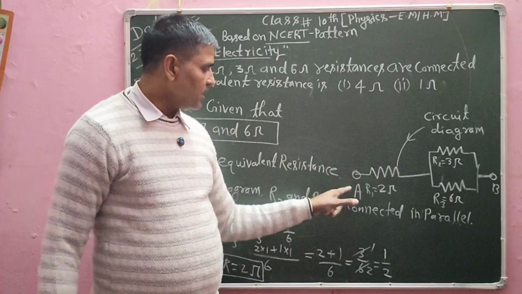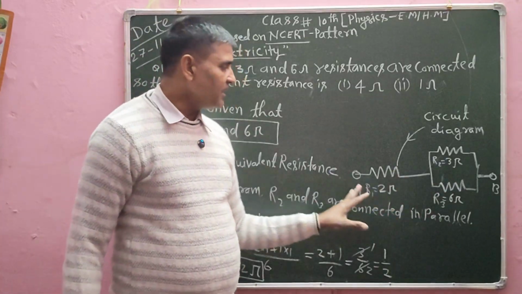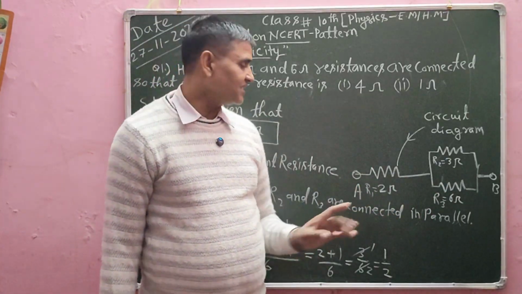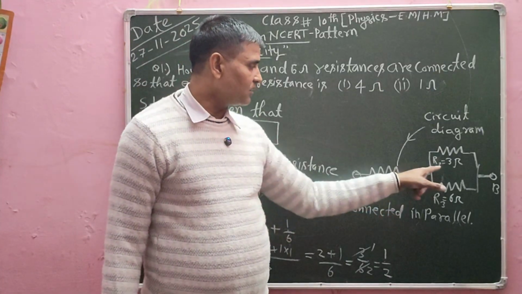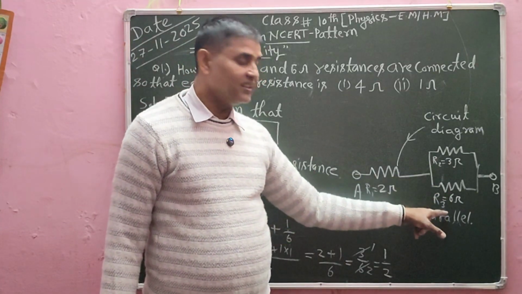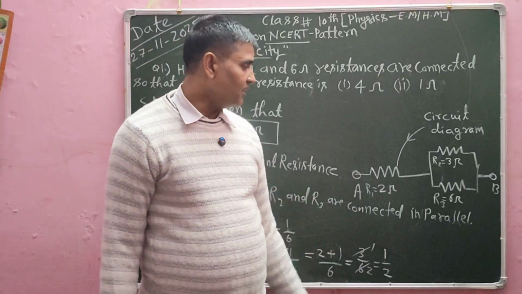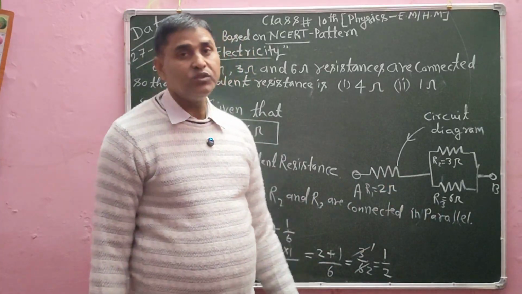So between nodes A and B, I have connected three resistances such that one is connected in series, and R2 and R3 are both connected in parallel.